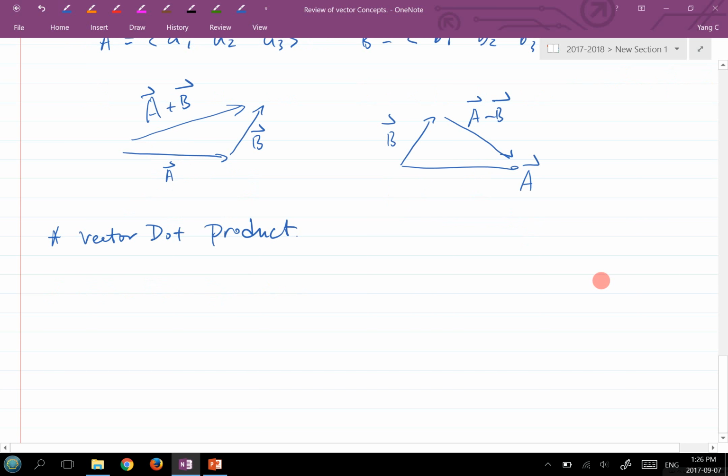First of all, let's take a look at the definition of the vector dot product. It's basically a vector multiplication.